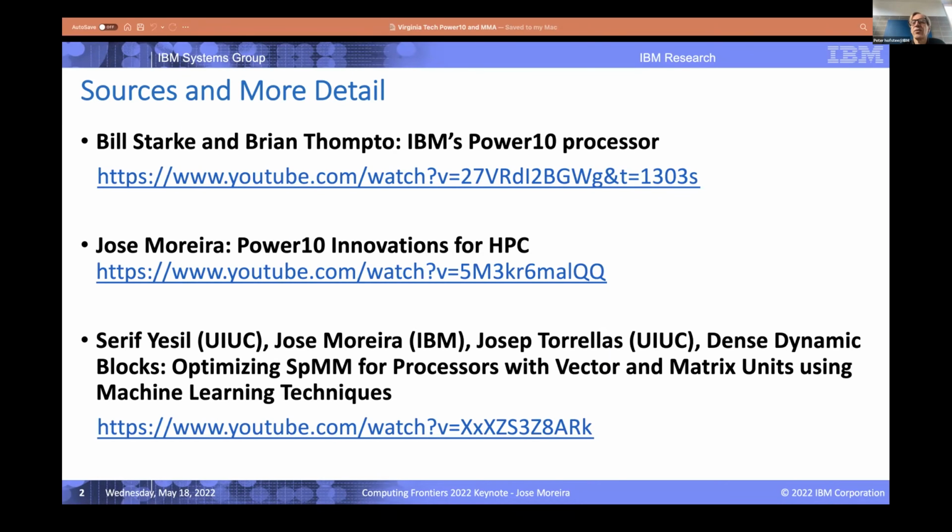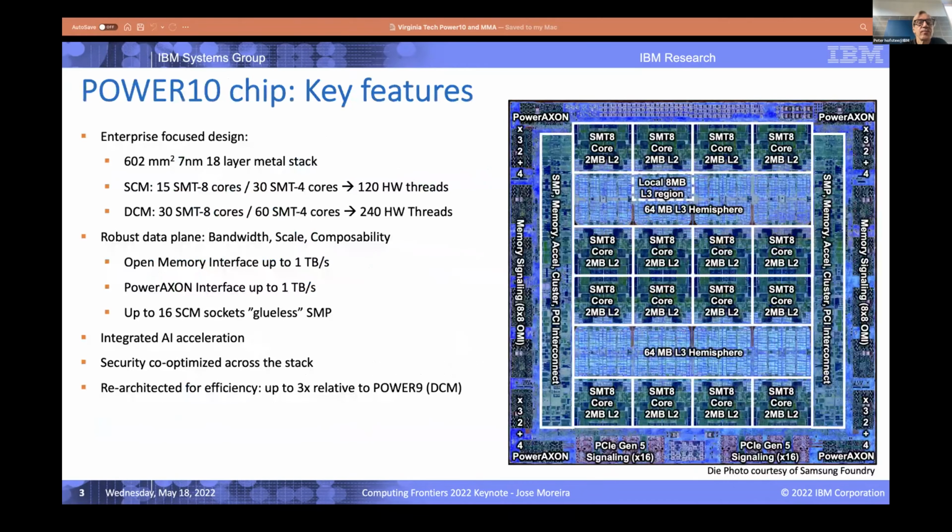But I'll cover a good part of the other presentations. So the matrix math assist functionality that I'll talk about is included in Power10, and I'll start with a brief overview of the Power10 chip and systems.